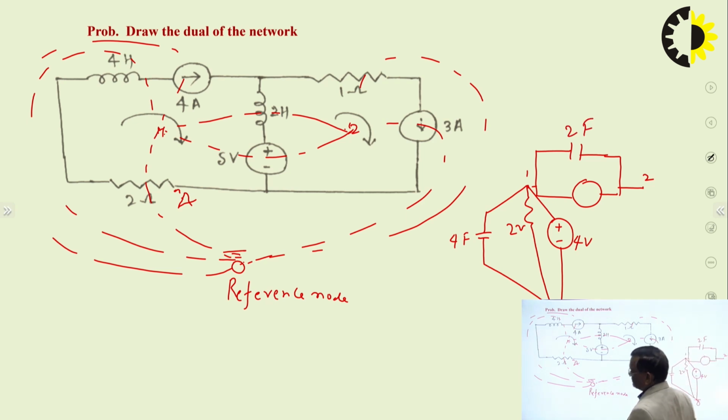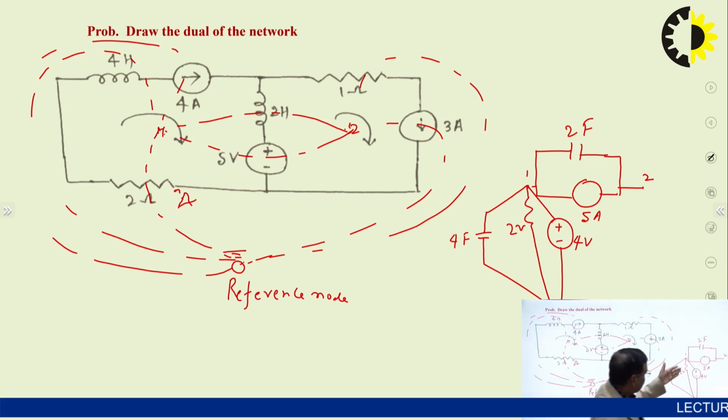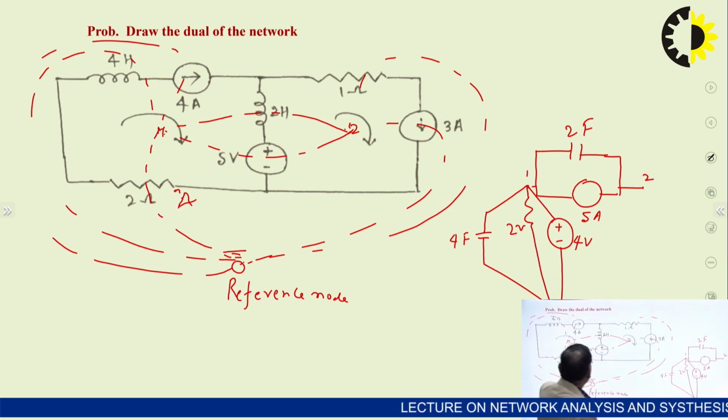Now the question is, how will we orient this 5 volt, this is your 5 ampere, okay. Whether the direction will be from 1 to 2, that is towards 2 or towards 1, how will we decide? That will be decided by this.